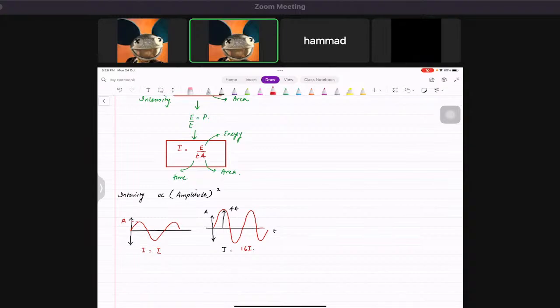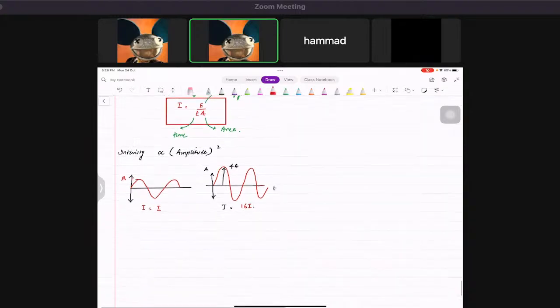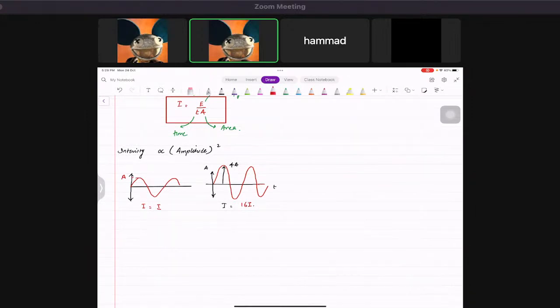So basically, to quickly do this, I found a way of dealing with this. I'll give you a short formula. If you have the intensity of the first wave and the intensity of the second wave, you can relate them: the amplitude of the first wave square over the amplitude of the second wave square.